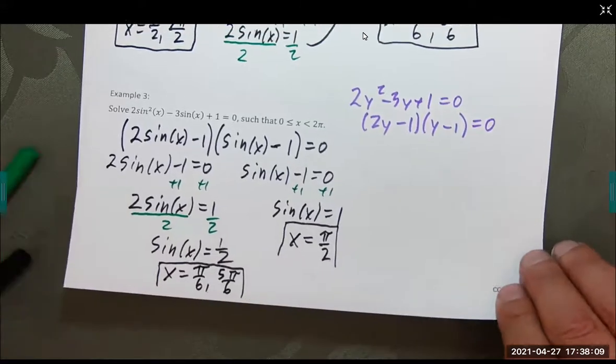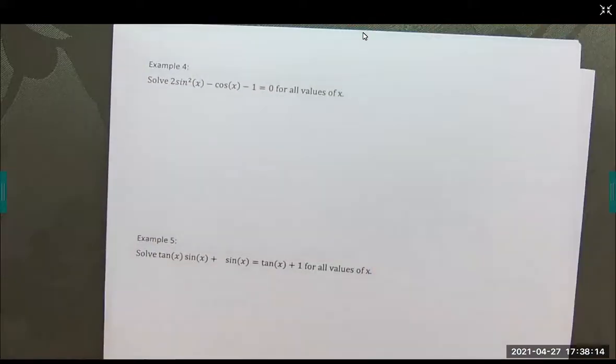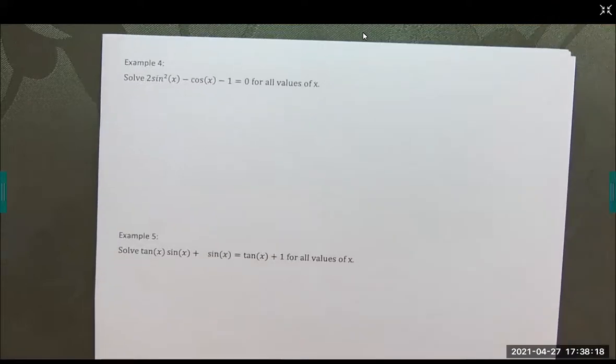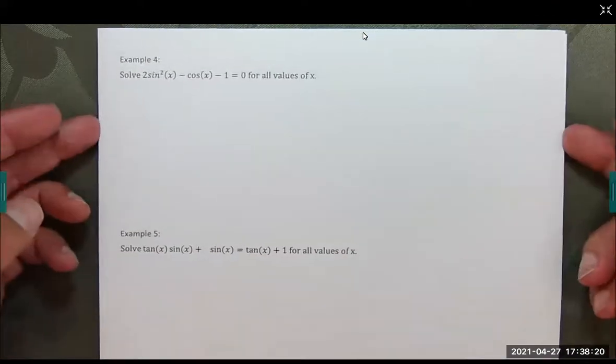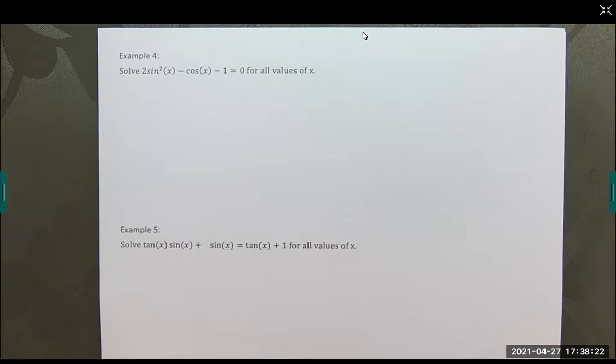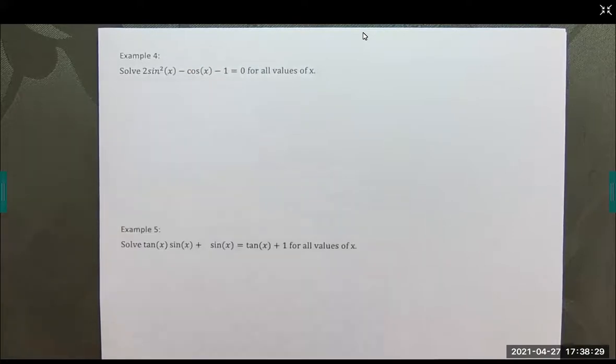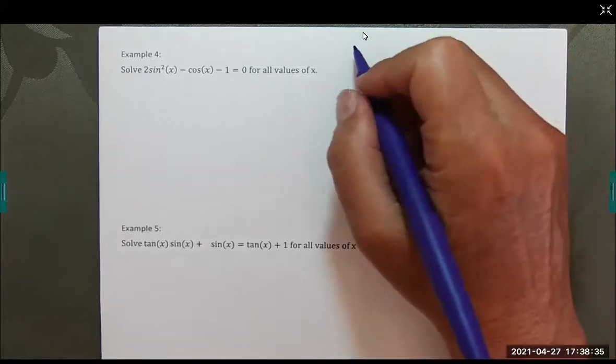Let's move on to example 4. There we are. Now in this case, we have a sine squared x and a cosine x. I need to get them the same.